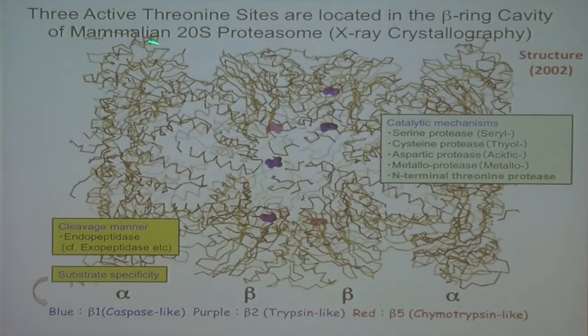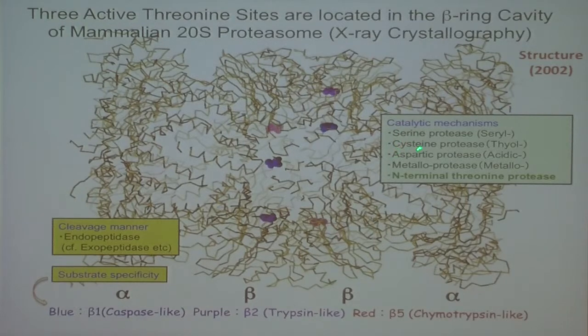We succeeded in crystallizing the mammalian 20S proteasome. As you can see, different but related subunits form the alpha ring, beta ring, beta ring, alpha ring. This is a very unique protease. So far, proteases were divided into 4 classes: serine, cysteine, aspartic, and metalloprotease. But the proteasome was the first identified N-terminal threonine protease, a novel protease.